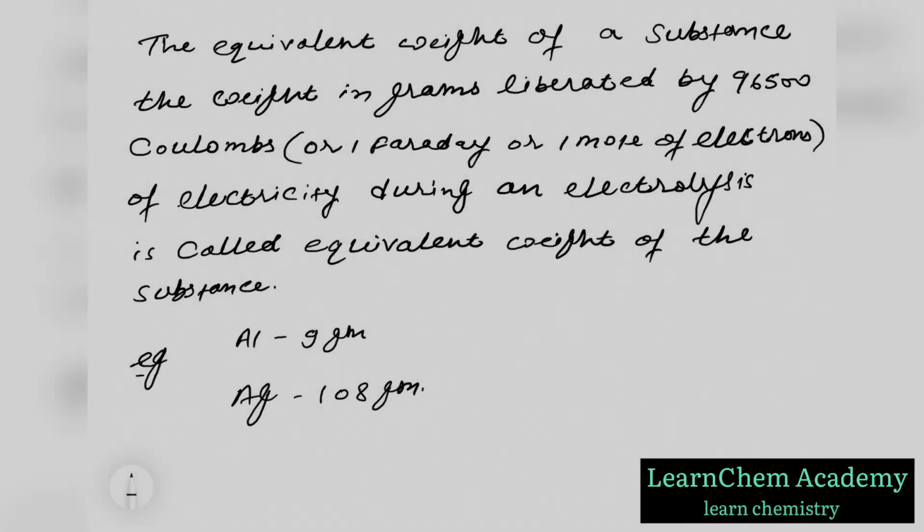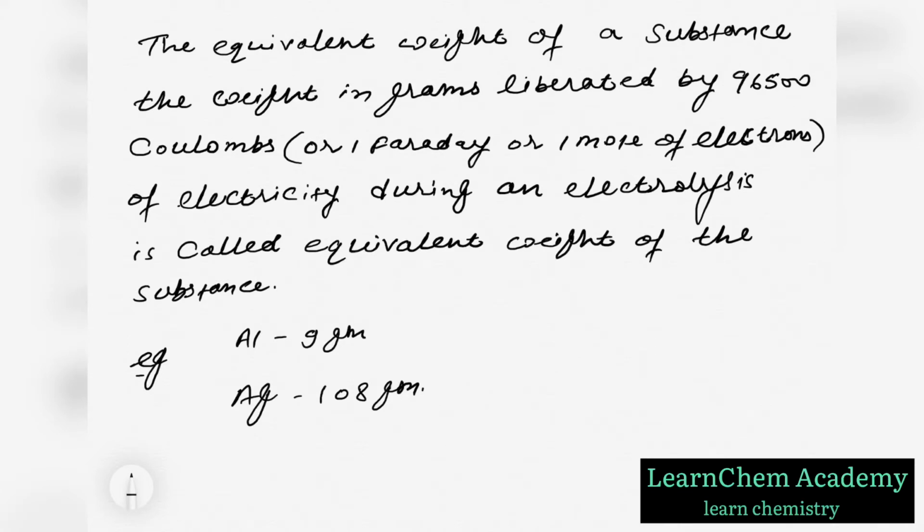And if we take silver electrodes, in that case we will get 108 gram of silver at the cathode. So this is the other definition of equivalent weight. This practical definition and the previous theoretical one are both not practical for calculating equivalent weight, so we use different alternative ways to calculate equivalent weight in our calculations.